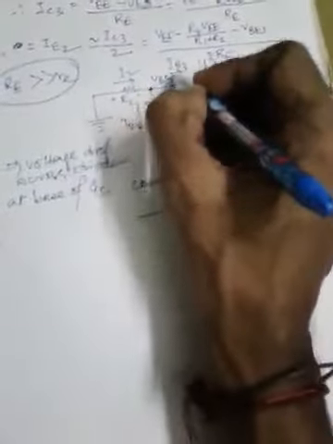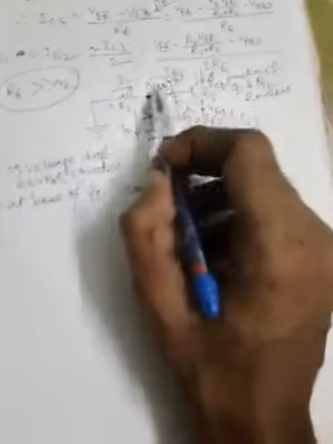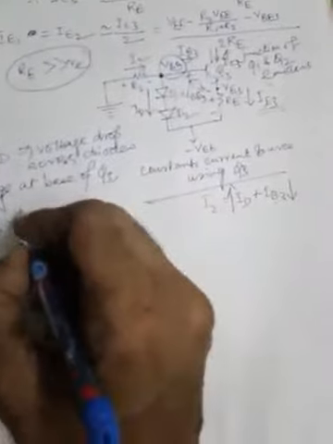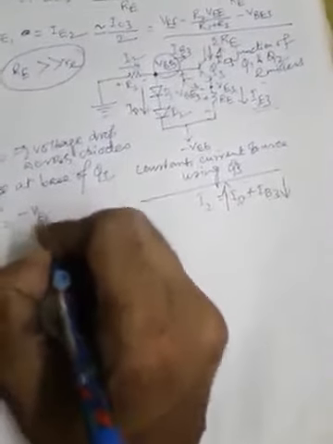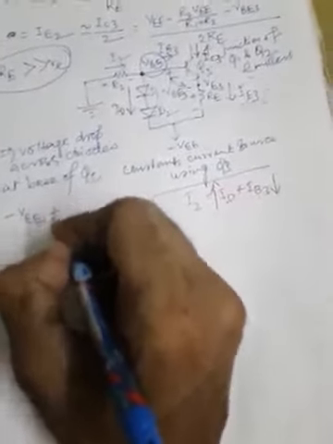That means this node voltage VB3 is given by minus VEE plus 2 VD, because this node voltage is the voltage across these two diodes and this minus VEE.